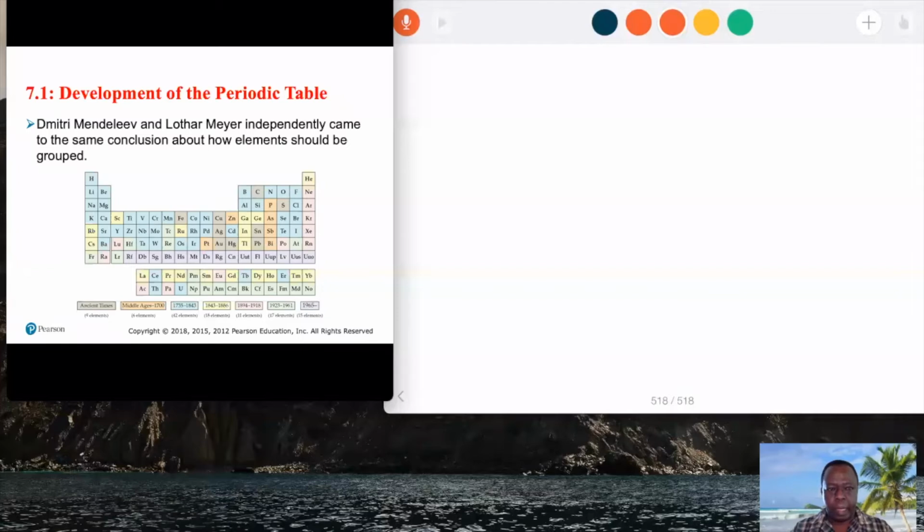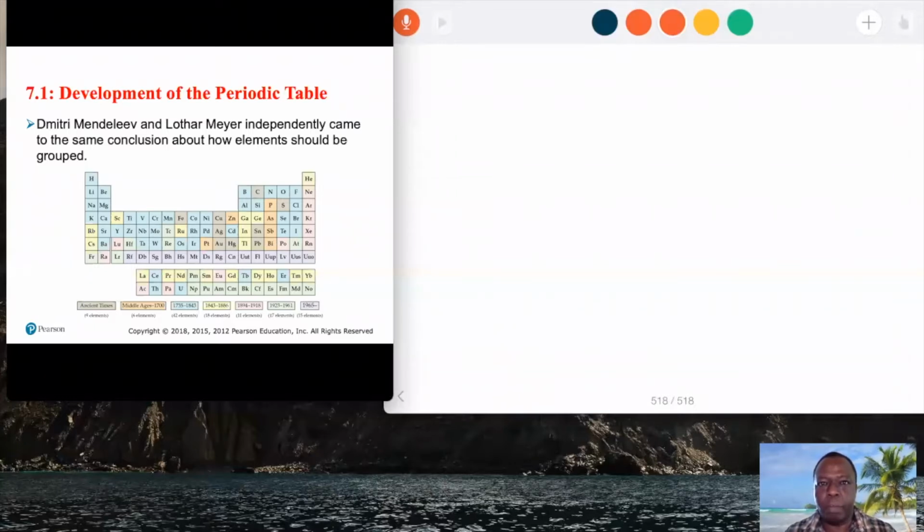In the early days of the development of chemistry, in the 16th, 17th century, there were a handful of elements known at that time.